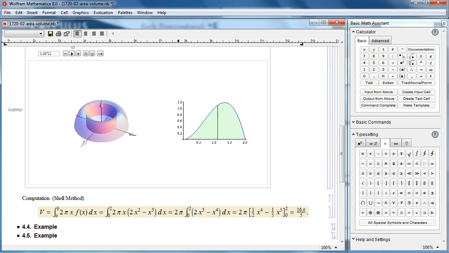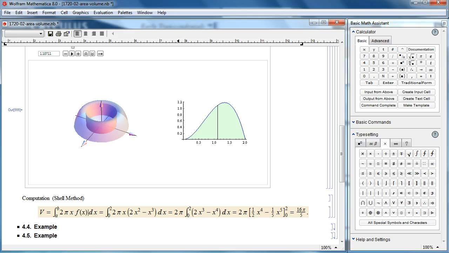And x is the actual radius of this cylindrical shell. So the distance between this line segment and the y-axis, which we rotate around as we see in the left-hand side 3D picture, is the radius. And the height is f of x.